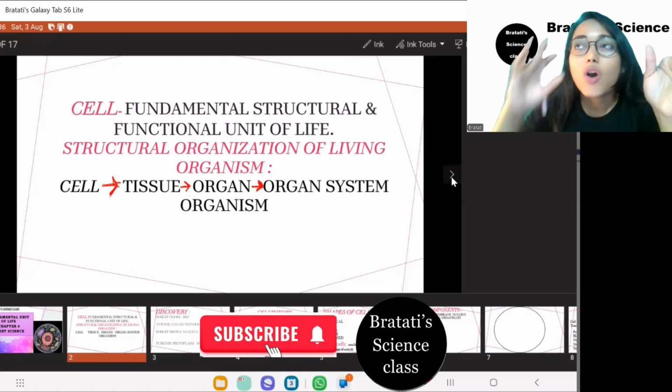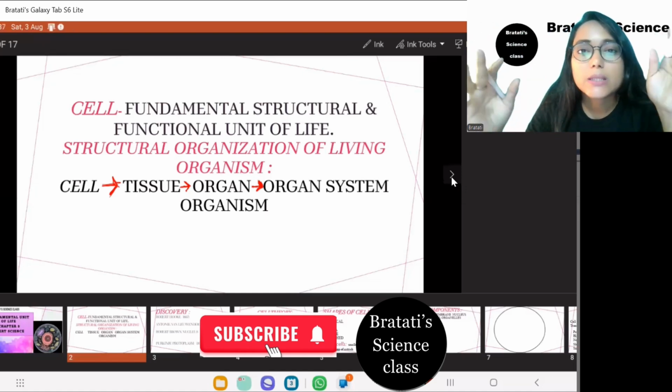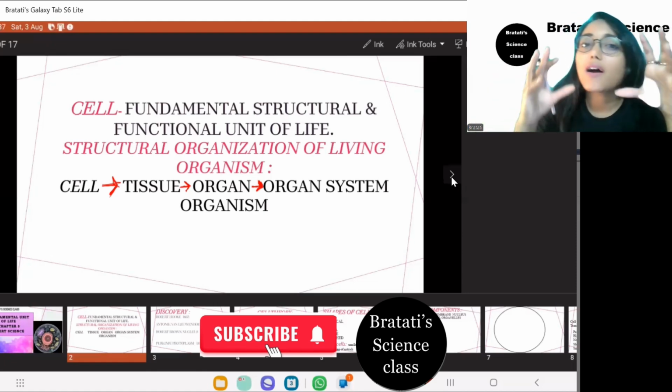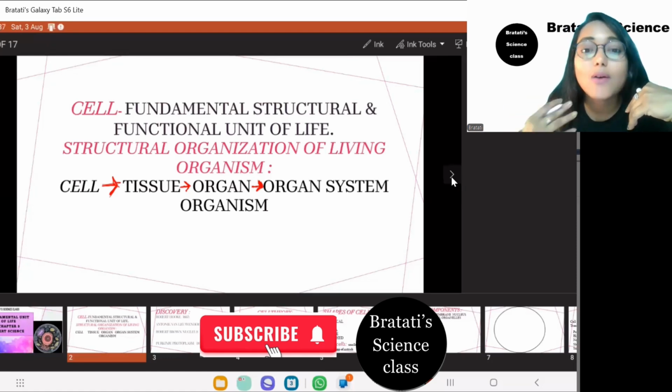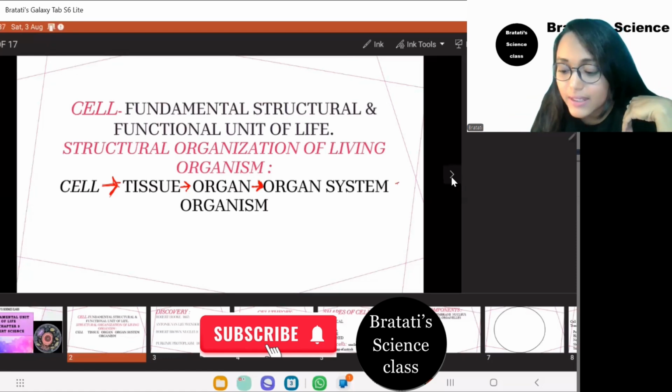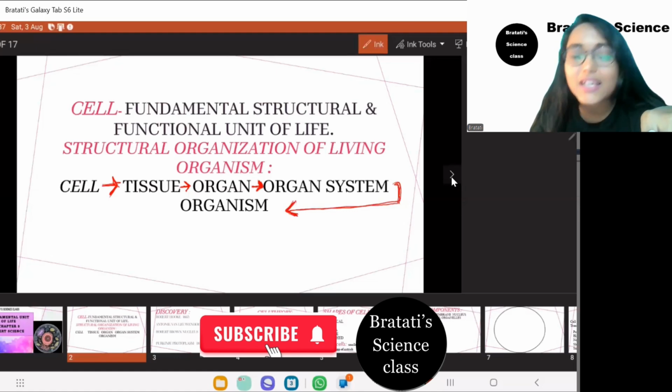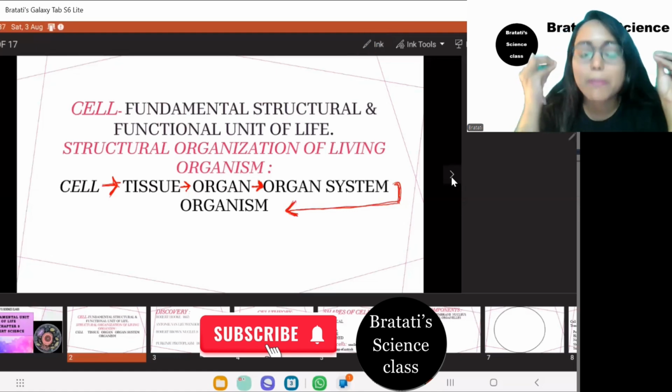So finally, all these organ systems, digestive, respiratory, reproductive, circulatory, excretory, together form a human body. So we are comparing the organism. Finally they are making an organism, and this we are comparing with a gated community. I hope this is an easy example that you can remember well.